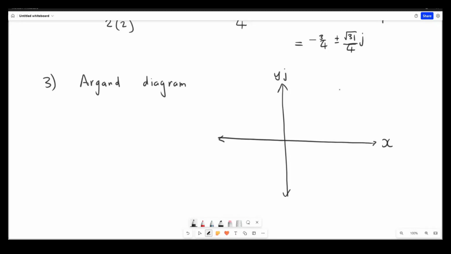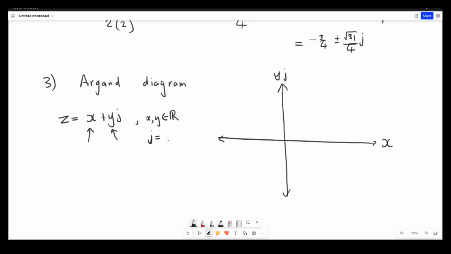This comes from the representation z is equal to x plus yj. This y is the imaginary component and x is the real component. Although both x and y are real numbers, the j still remains the square root of minus 1. That doesn't change, but now you can deal with the numbers as variables.